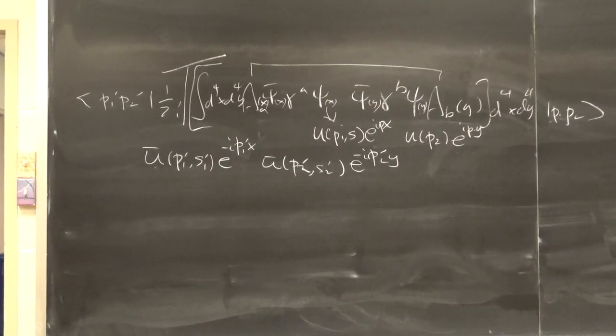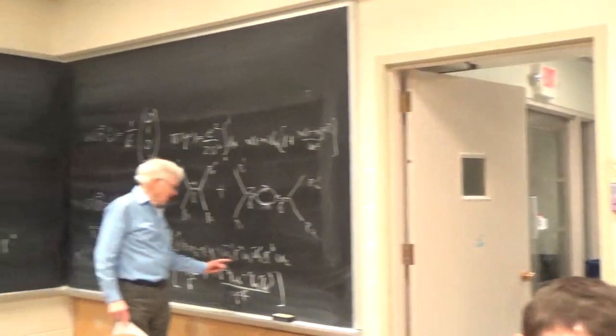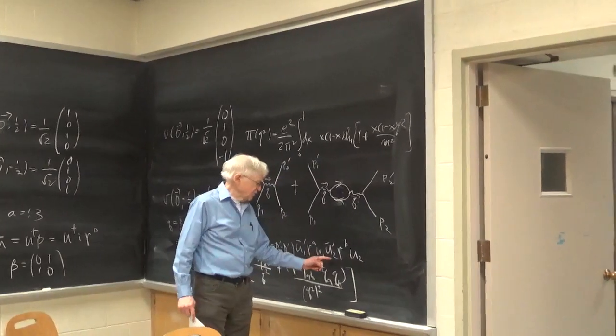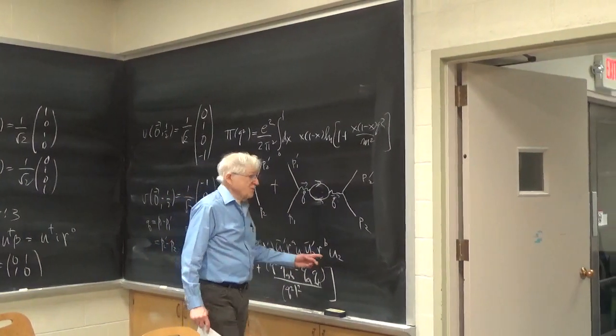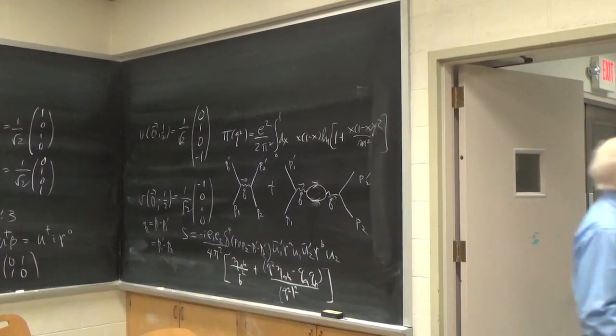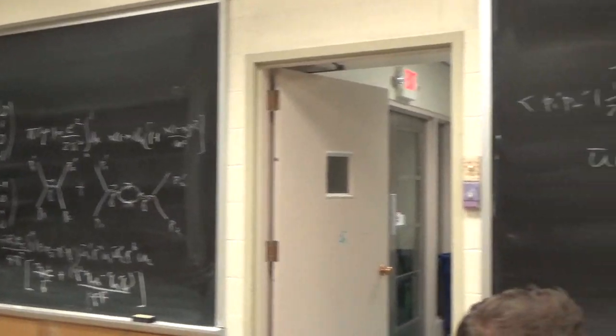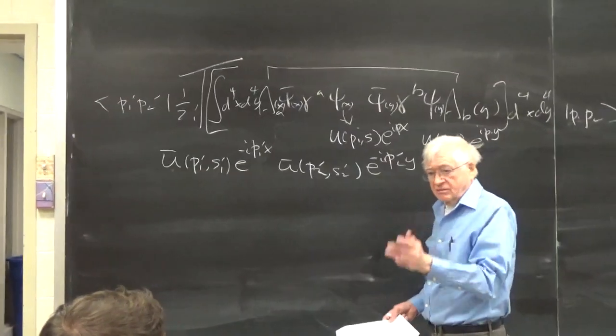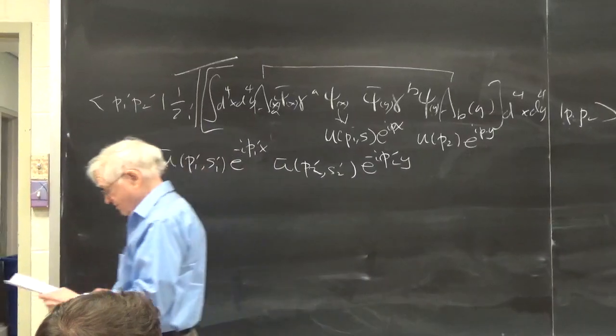And that gives you the first term with these u bars, u bar gamma A, u bar gamma B, and the gammas are over here, gamma A, gamma B. So that's where basically that comes from.